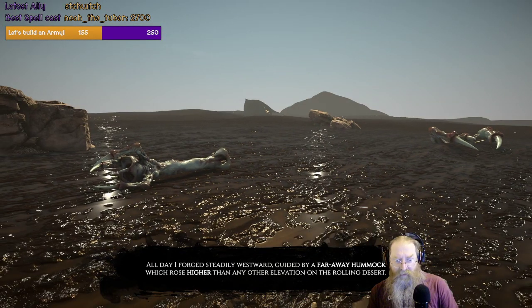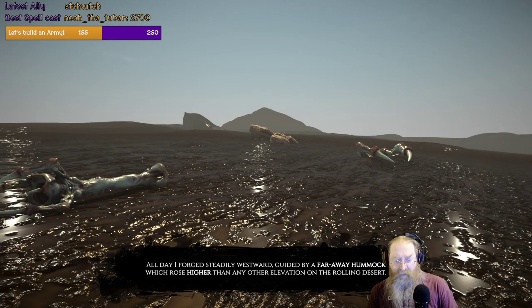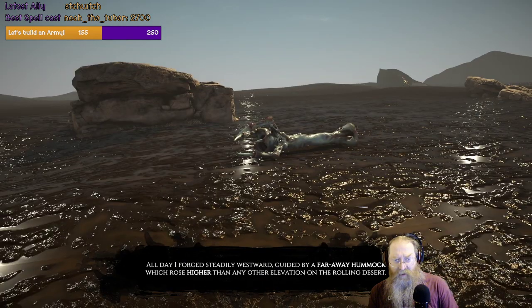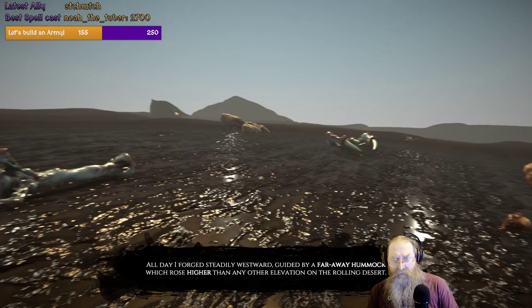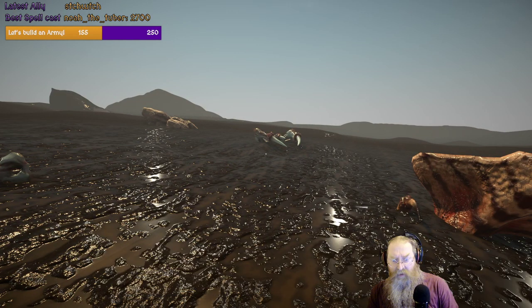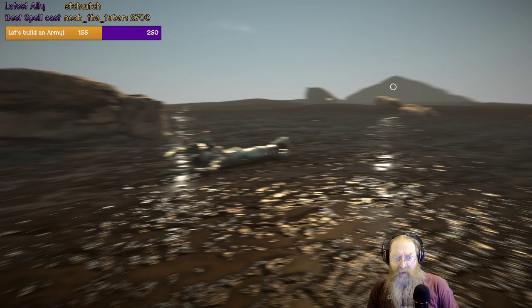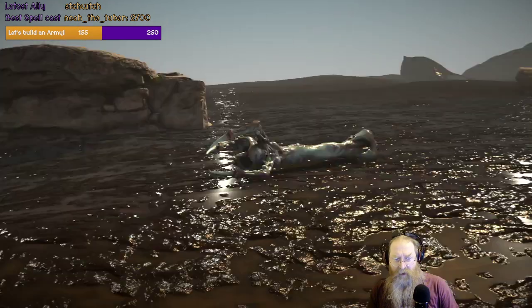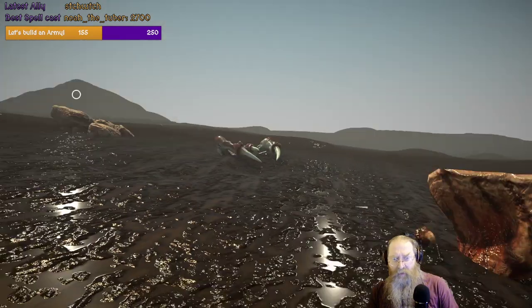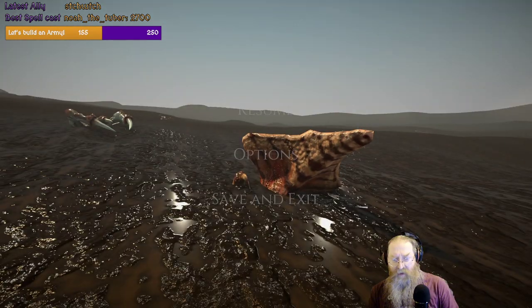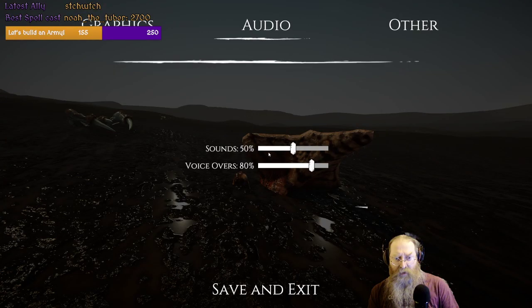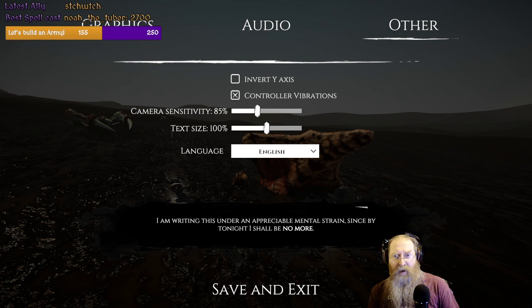All day I forged steadily westward, guided by a faraway hummock which rose higher than any other elevation on the rolling desert. I'm not liking some of these bitty bobs here, these strange and curious things. I'm just going to make sure that I'm not missing a moving about control or anything like that.